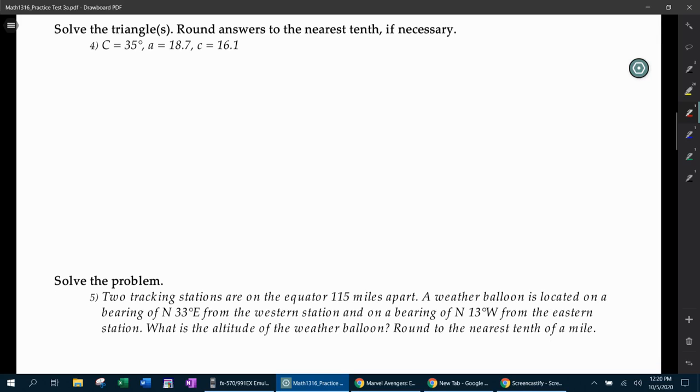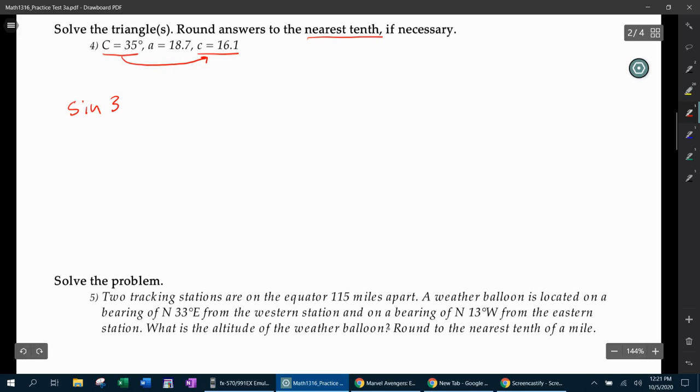All right, number 3 is done. Number 4, solve the triangle or triangles, round answers to the nearest 10th this time. And again, we don't have a picture. So I'm going to show you that we can do this actually without a picture. As long as we're given an angle and the side across from it, that's the law of sines.